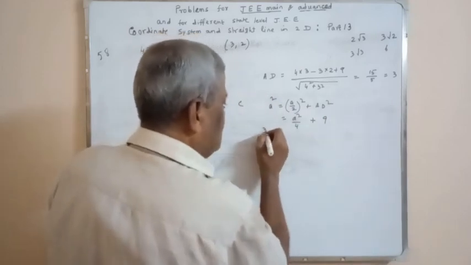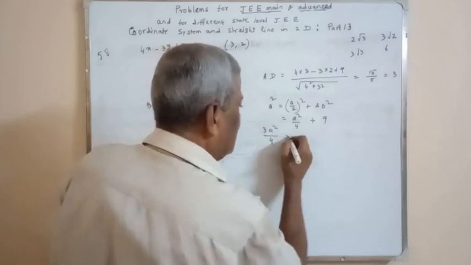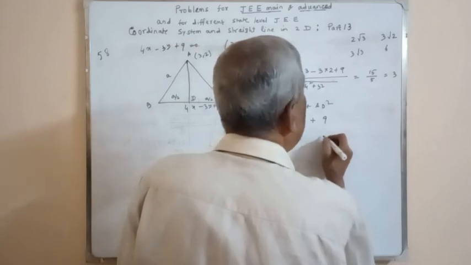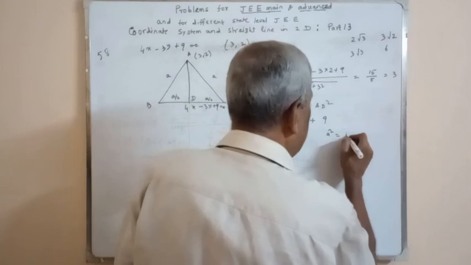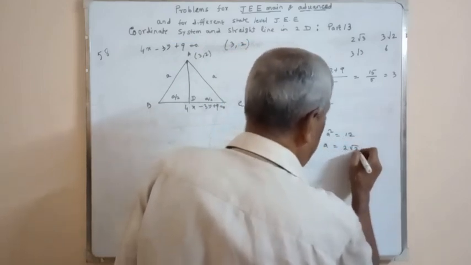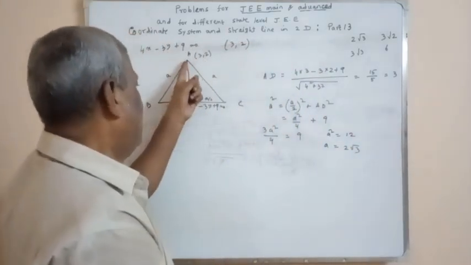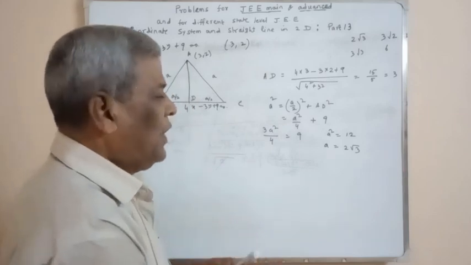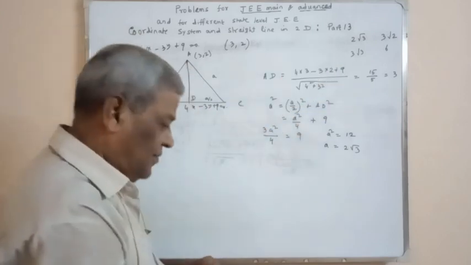That is 3a square by 4, taking this to that side, is equal to 9. So a square is equal to 12, cancelling 3. So a is equal to 2 root 3. And a is the length of each side of the triangle. So that is 2 root 3, that is option A is correct.